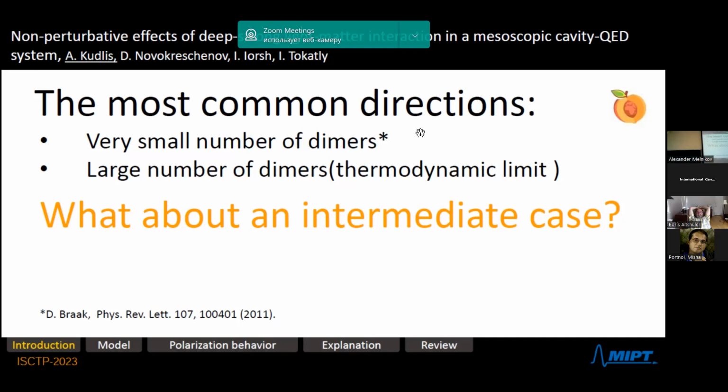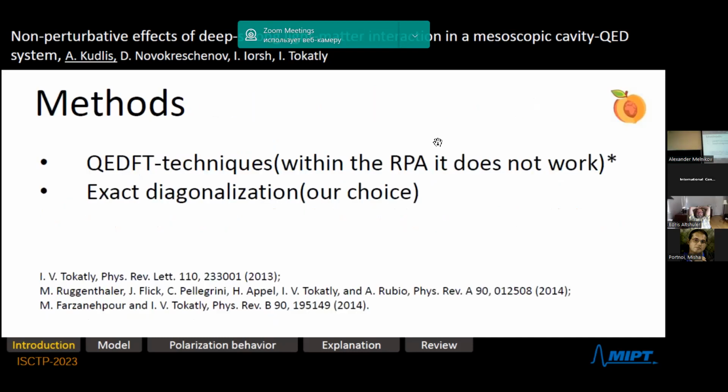What about the intermediate case? And here we should first start to think about methods which we should apply to analyze such kind of models.